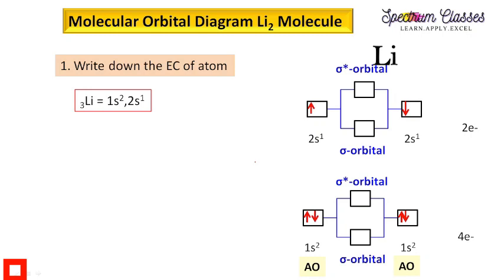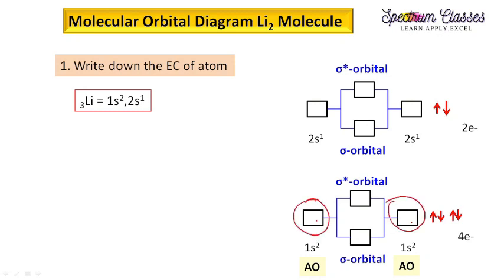Now next, draw the molecular orbitals. How many atomic orbitals are there? 1s and 2s orbitals are combined together. As many atomic orbitals are combined together, they will form the same number of molecular orbitals. So two atomic orbitals combined will form two molecular orbitals.